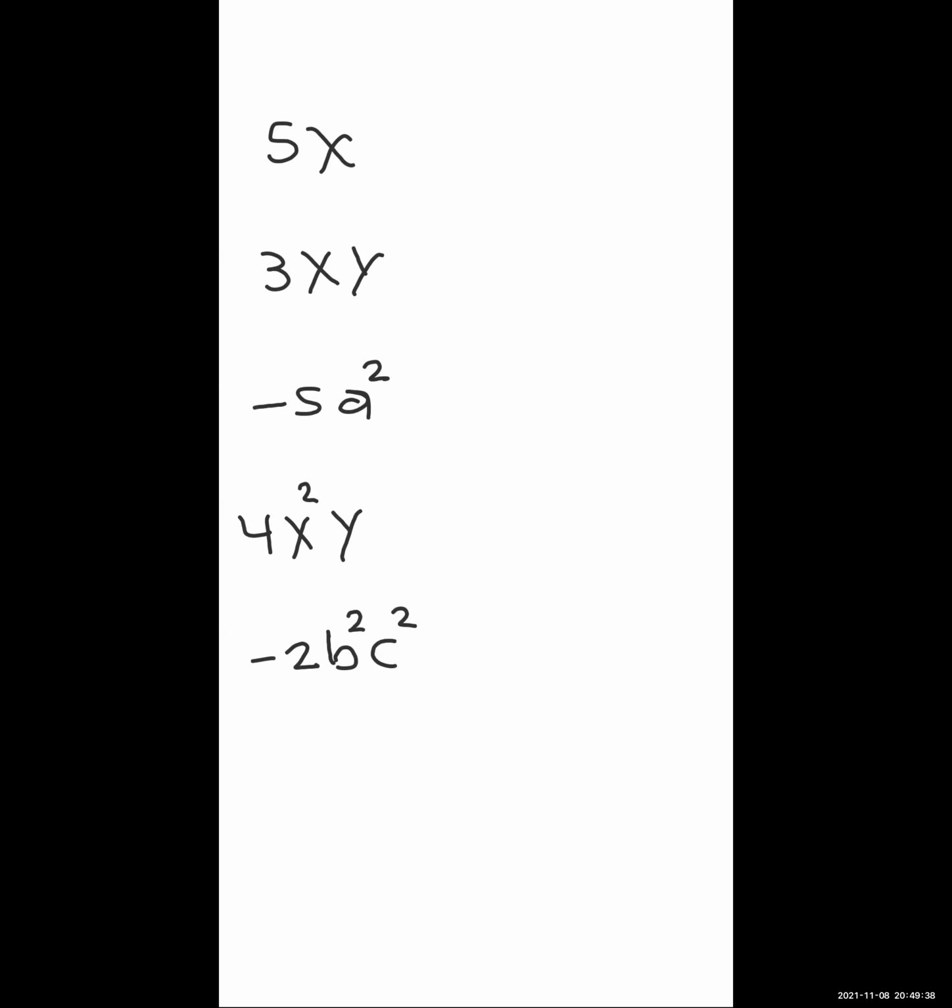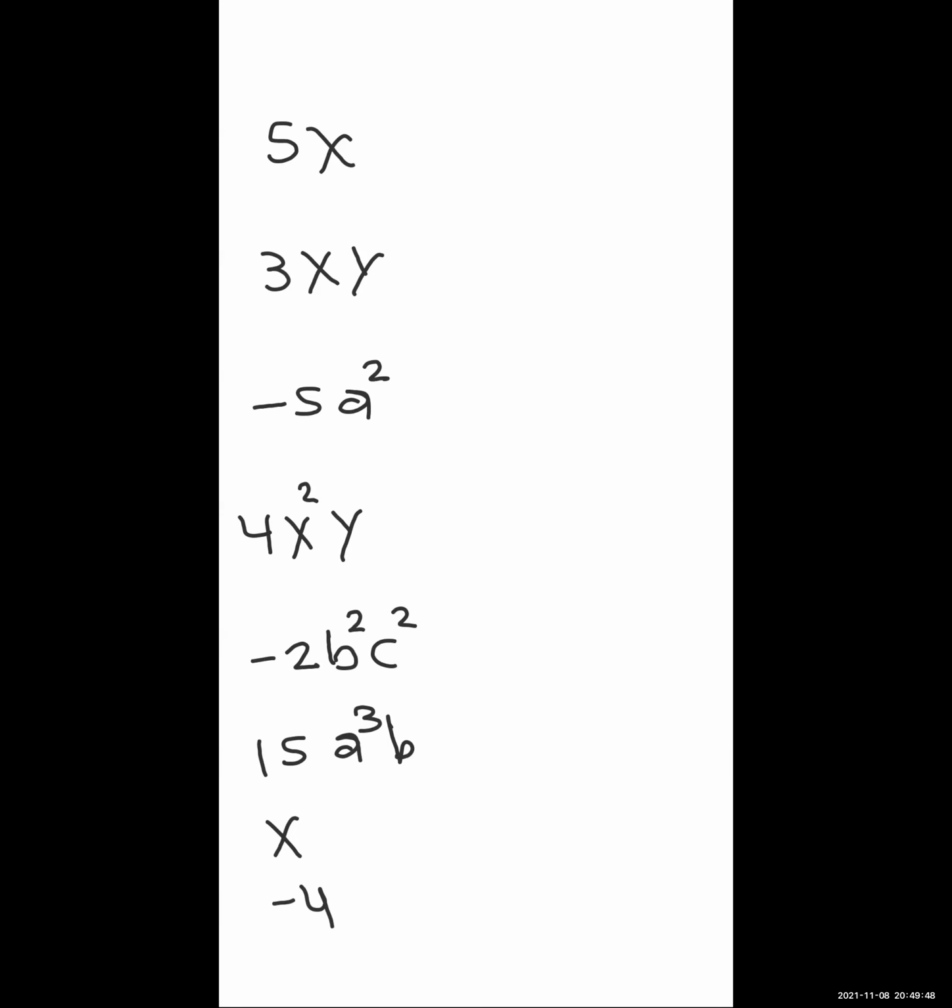Okay, guys? Great. Now, the terms are 5x, and another one, 3xy, negative 5a squared, 4x squared y, negative 2b squared c squared, 15 a to the power 3b, x, and negative 4.